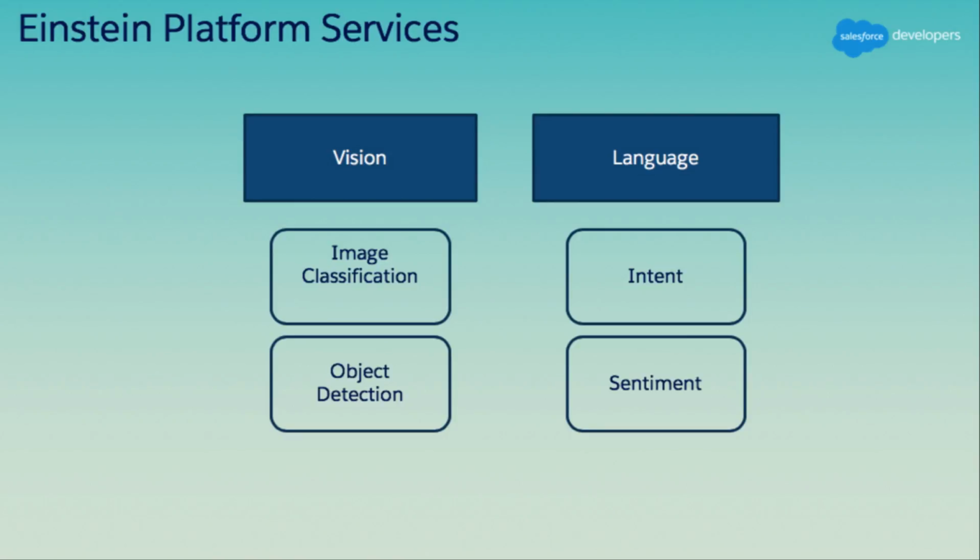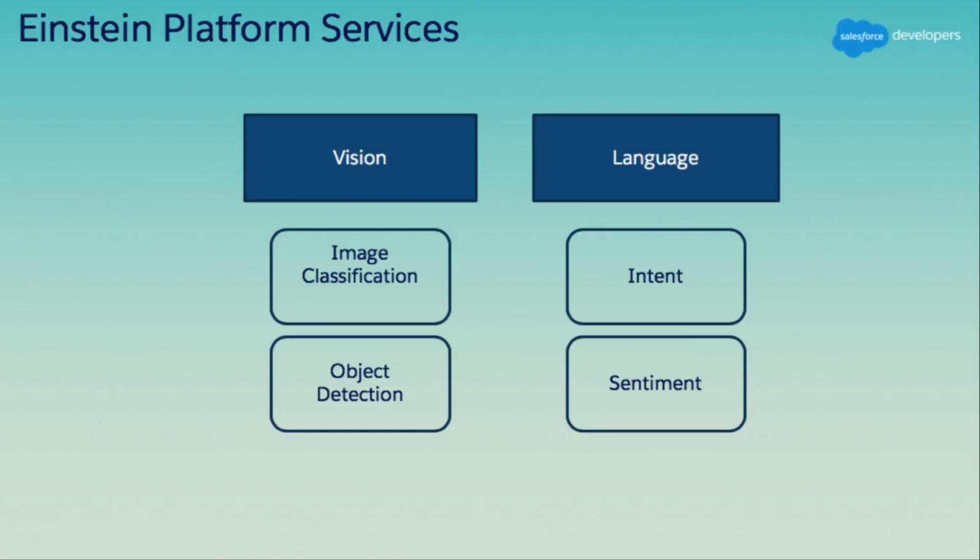A very simple use case I can think of is any service industry where the customer would give feedback and you will want to understand the sentiment of the customer in terms of that feedback. So when you provide this feedback text to the sentiment APIs, it can identify whether that is positive, negative, or neutral, and accordingly you can take some actions based on that, right?